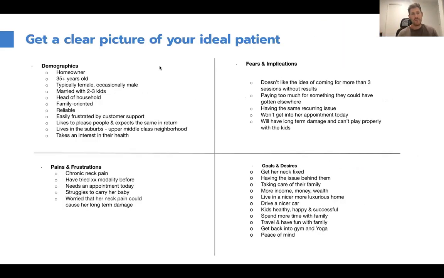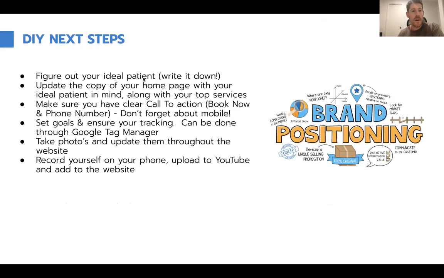Like, does my homepage give this kind of family oriented vibe? Do we give the impression that they're only going to come for a few visits, that we're not going to see them 10 times before they see results?